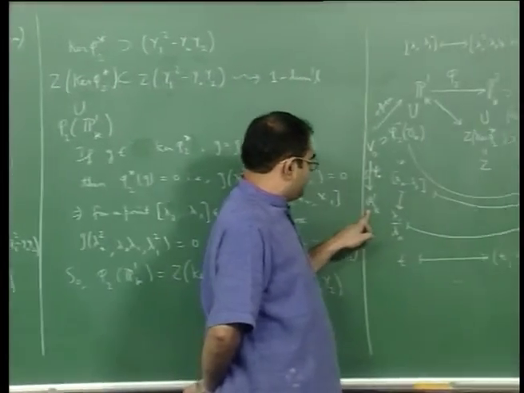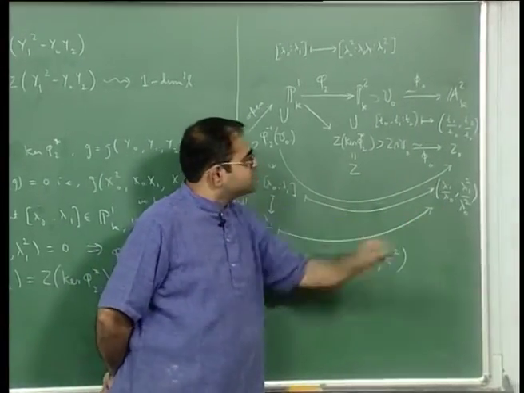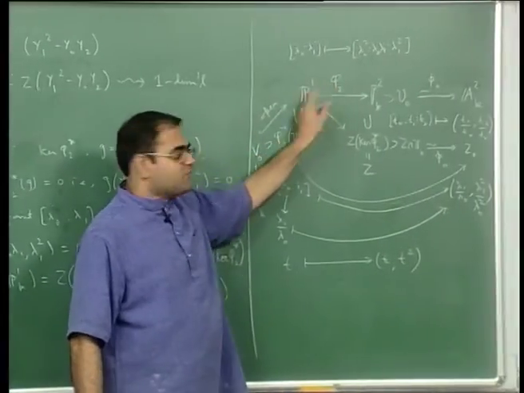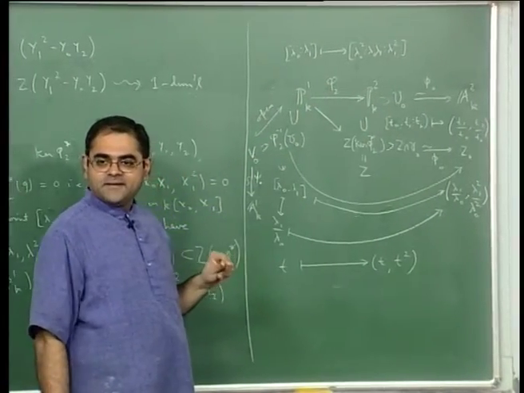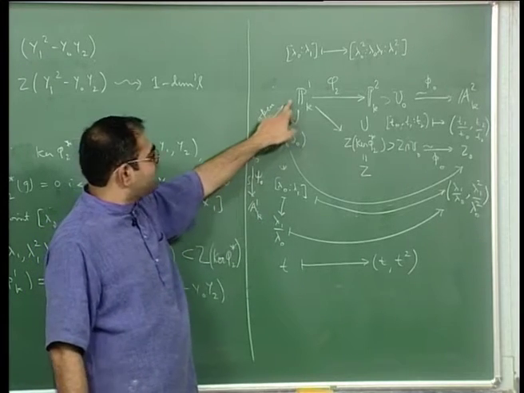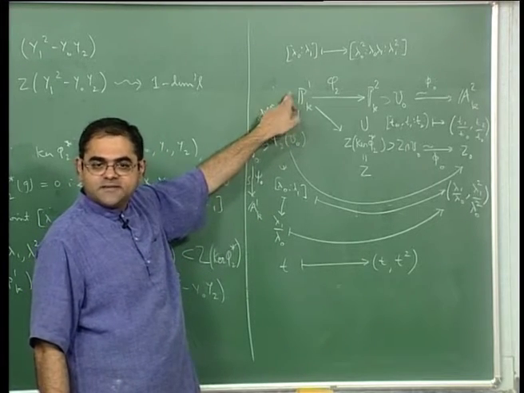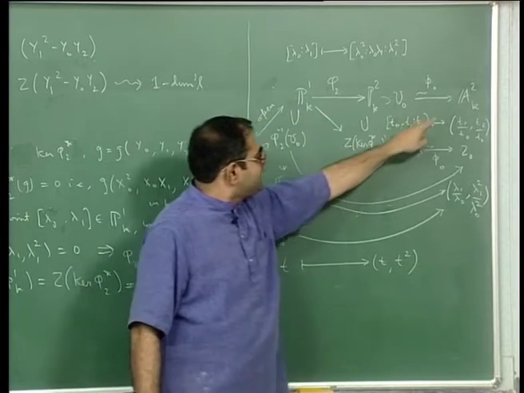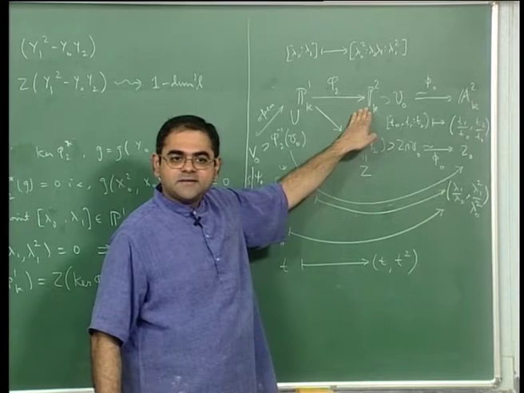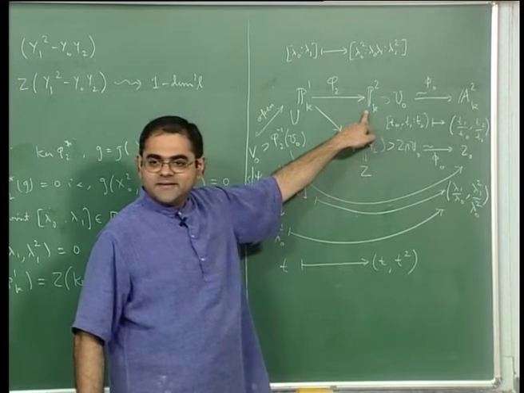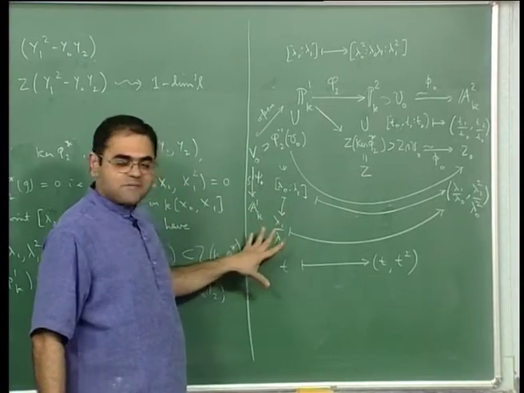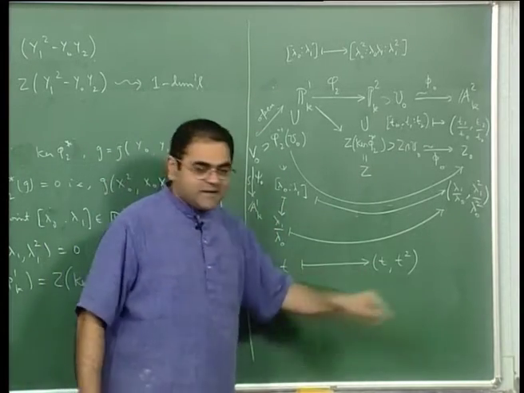It is a map from A1 to A2. So when I compute this map phi 2 from P1 to P2, on this affine A1 where the first homogeneous coordinate in this P1 is not 0, and on the affine piece here where the first coordinate in this P2 is not 0, which is an A2, when I translate this map I finally get the map t going to t comma t squared.